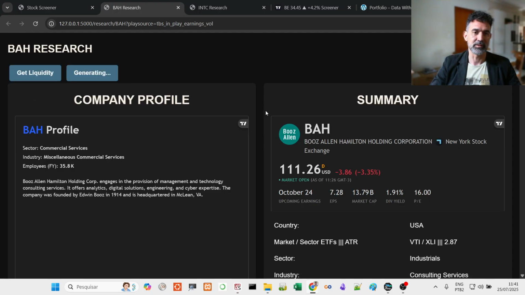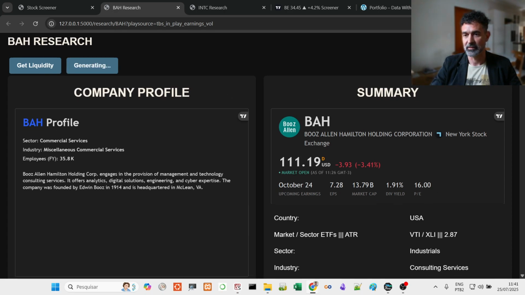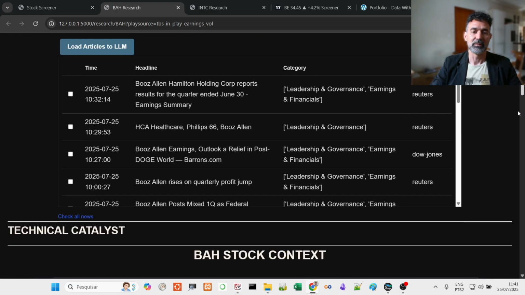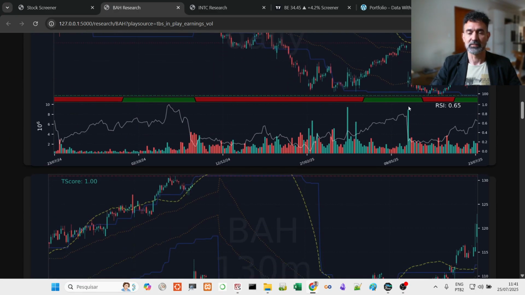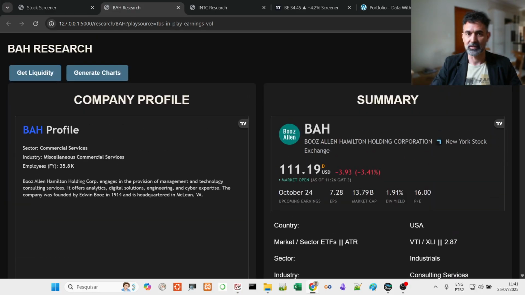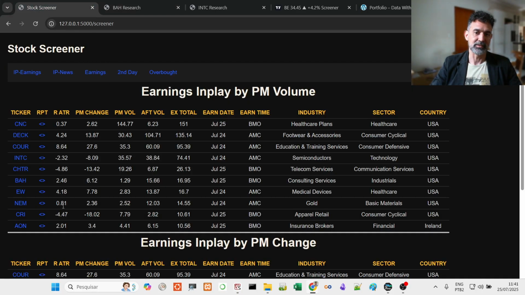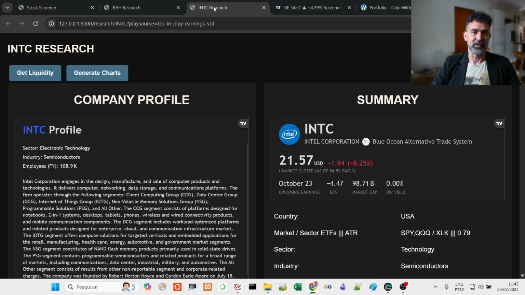So here, if I decide to dive deeper into the research, I click on these buttons and the workflow goes on. So as you can see, it's pretty easy to go from the stock screener, the previous information, to the research on the stock. So this is a pretty useful tool for stock selection and research that I developed.